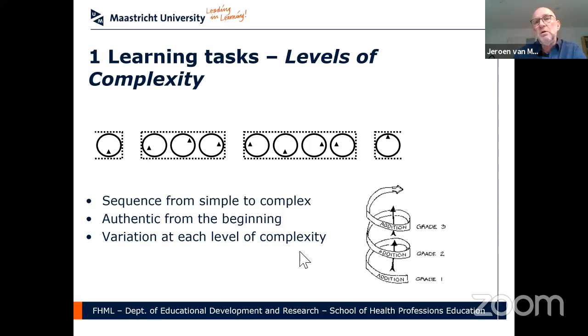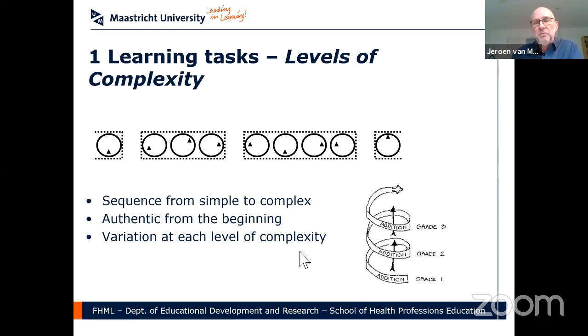And then we slowly increase complexity until complexity is at the level of, well, at the end of a program, a just graduated student. Is this a new idea? No, it's not. 100 years ago, this was already described as a spiral curriculum. So it's a spiral approach.